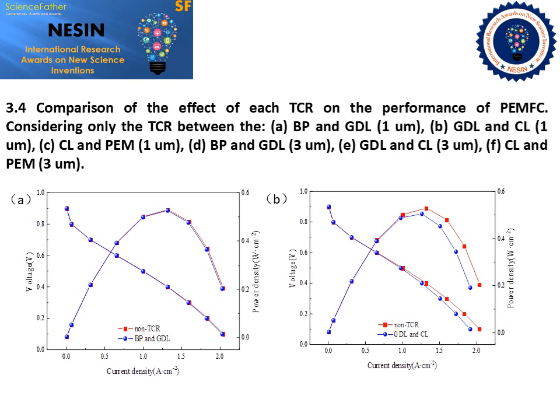Therefore, the TCR between the bipolar plate and the GDL has less influence on the cell performance.